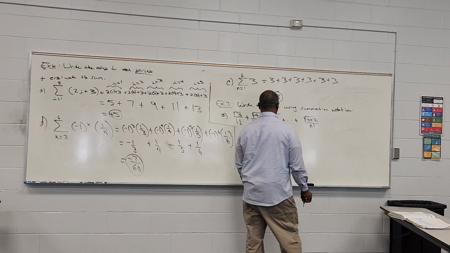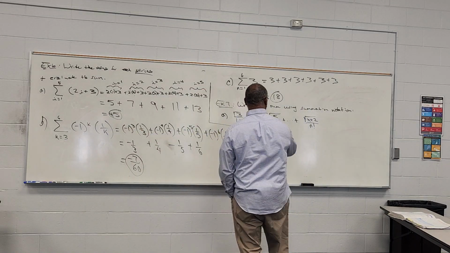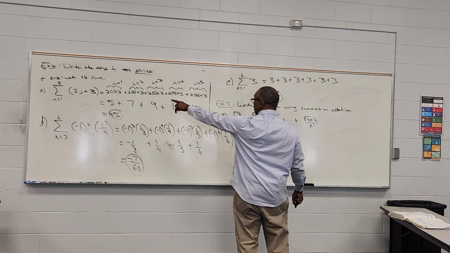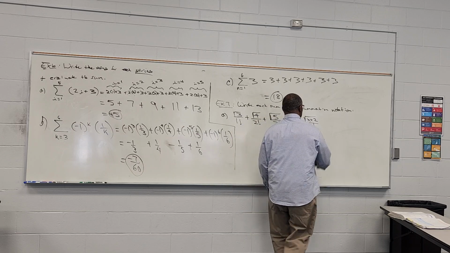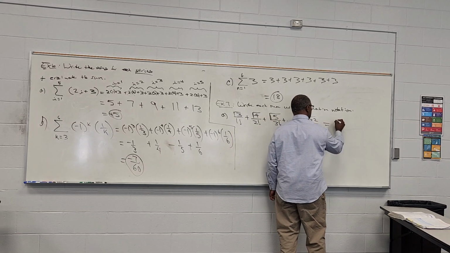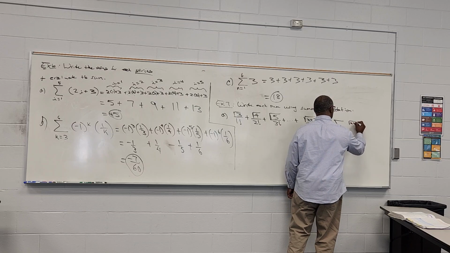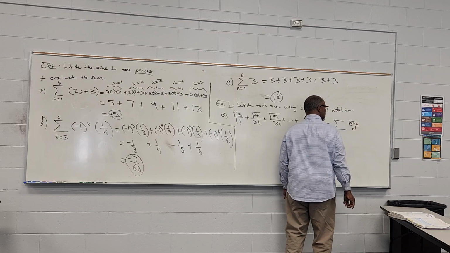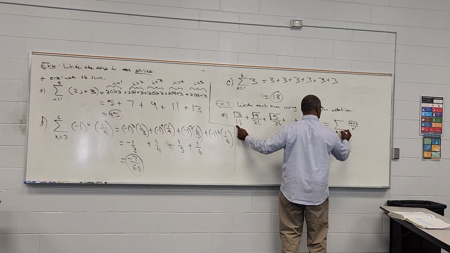So I want to write this with summation notation. So here they gave me the summation notation, right? That's what I want to do. I want to write this with that sum notation. Sum i equals 1 to 5 of 2i plus 3, that kind of thing. Well, this one is pretty easy because this last term pretty much tells me what I gotta have. Okay? And again, I started out with n being 1.